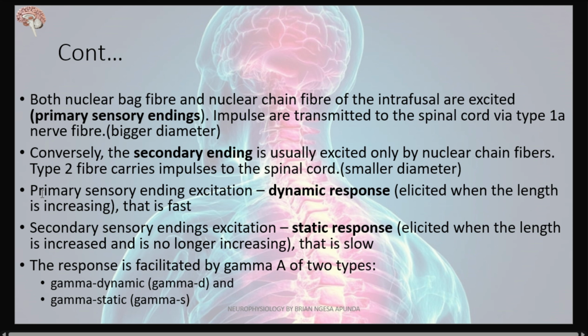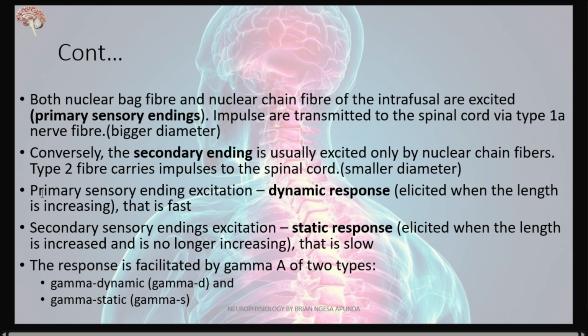So from the intrafusal, we are likely to have some form of impulse generation. The impulse generation should be a representation of the length. The length, remember, is a part of the proprioception modality that is normally picked at the muscle level. So at the muscle spindle, we generate some electrical impulse representing some change in length.